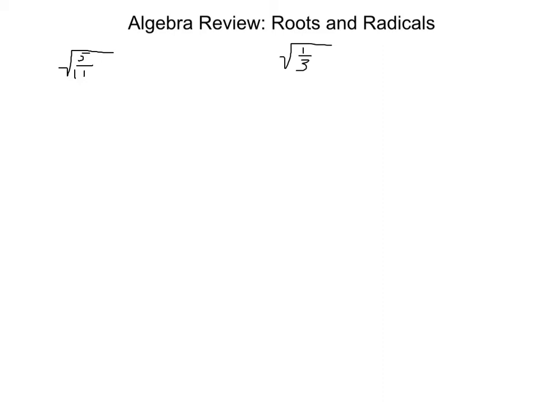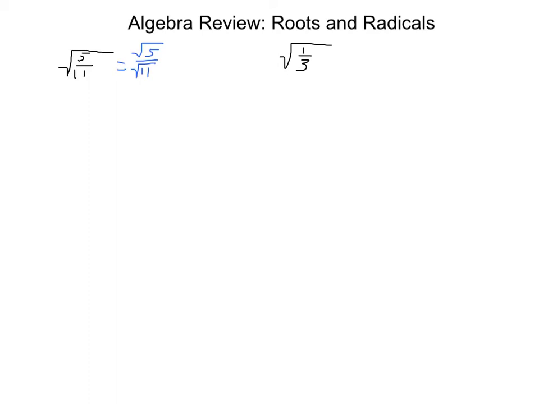So when we look at something like the square root of 5/11, we're going to have to simplify this, break it down as we did before into the square root of 5 divided by square root of 11. Now we are not allowed to leave that square root of 11 down there, so what we have to do is multiply this by the number 1 in such a way that we get rid of that denominator.